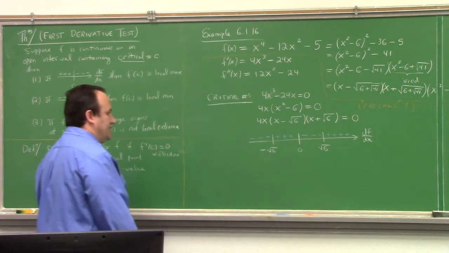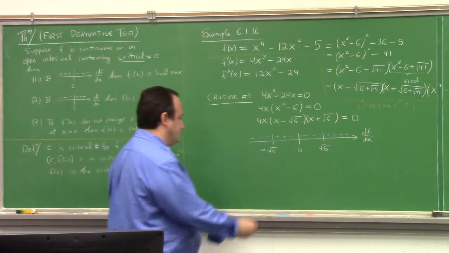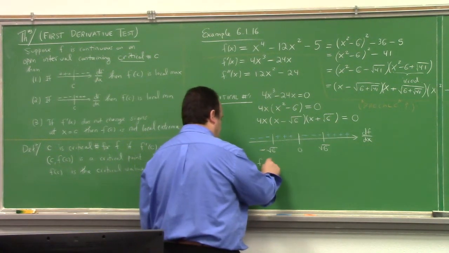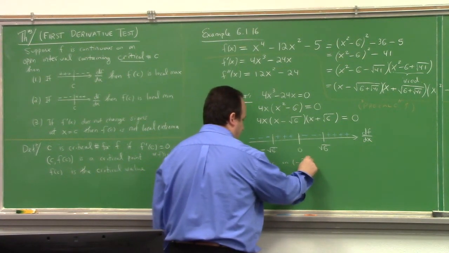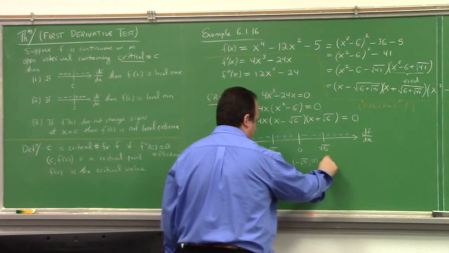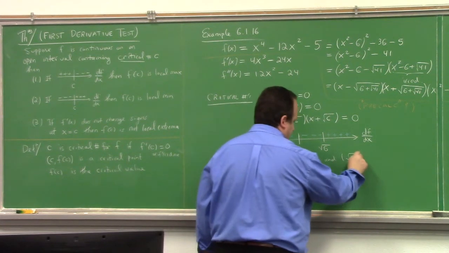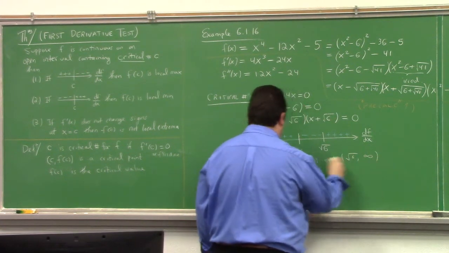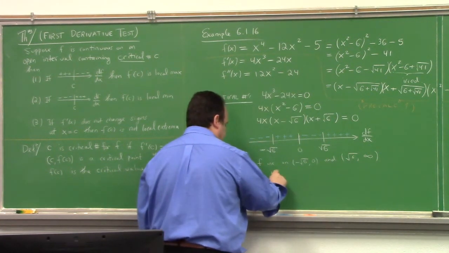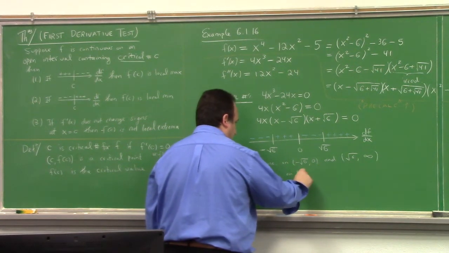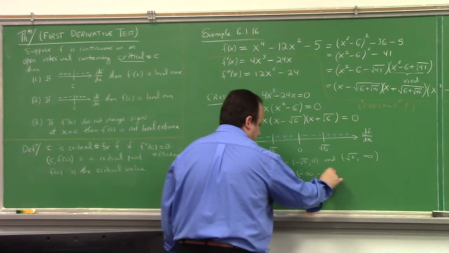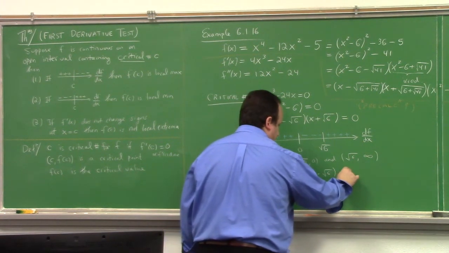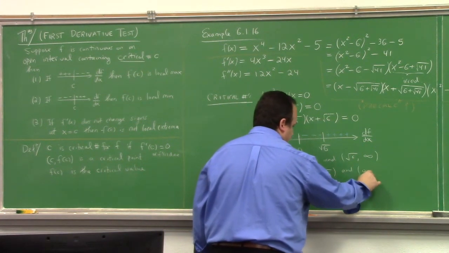So from this I can see f is increasing minus square root of 6 to 0, and the square root of 6 to infinity. F is decreasing on minus infinity to minus square root of 6 and 0 to the square root of 6.